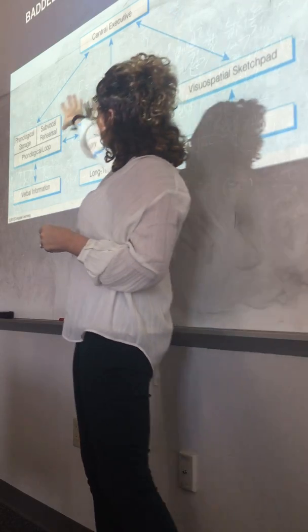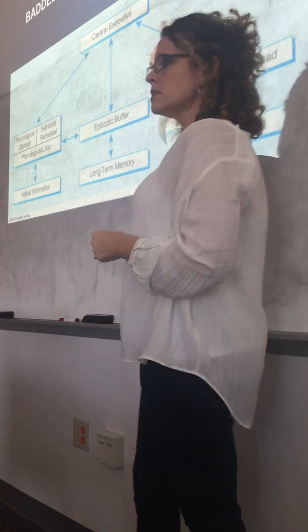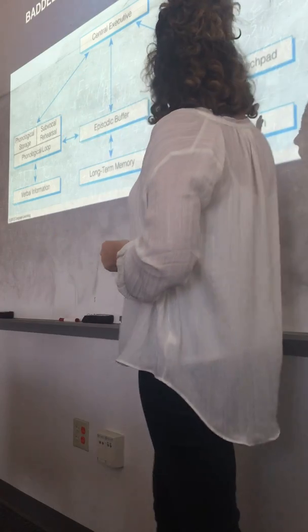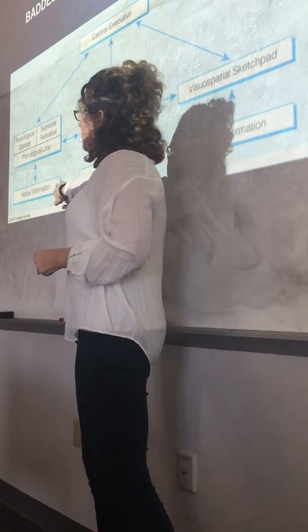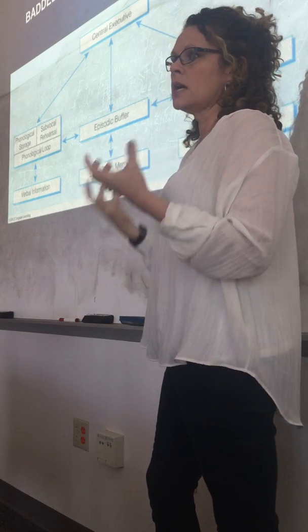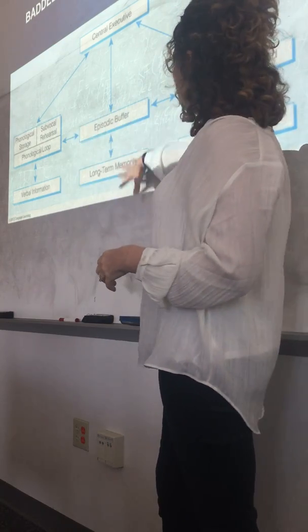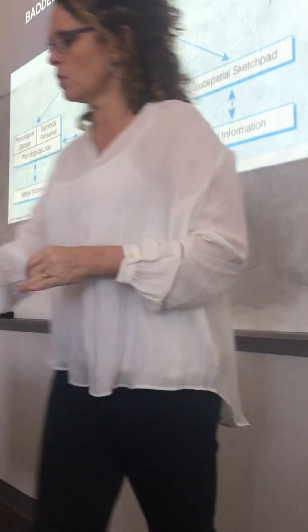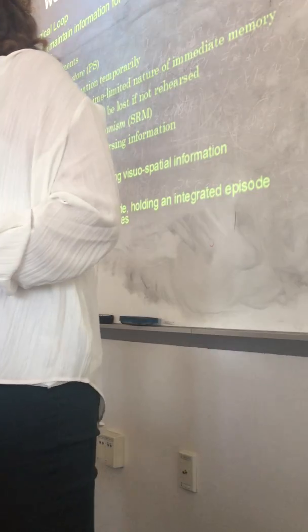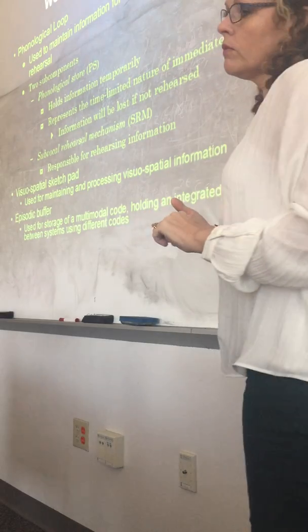This all here he referred to as more of a fluid system, okay? And these three down here are more crystallized, so they're that stable long-term memory portion that you can pull from while you're in this working memory. So let's go through these different areas. The first one is the phonological loop, and this is where you are repeating things over and over for yourself.